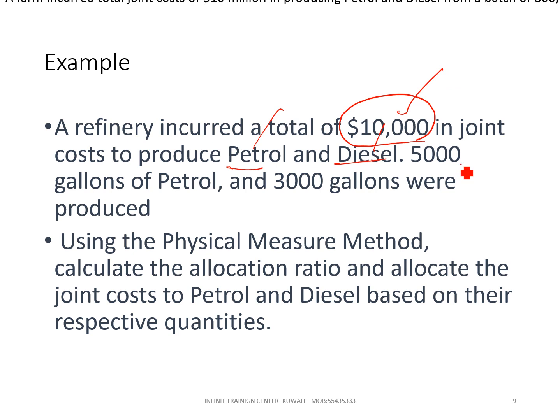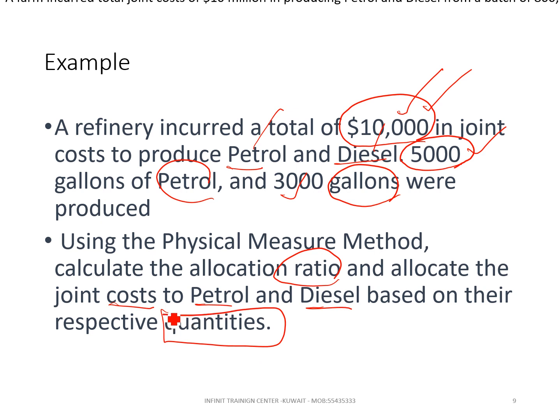The number of gallons of petrol is 5,000 and gallons of diesel is 3,000, and for this they spend $10,000. These are just hypothetical numbers. I made it easy for you to understand. It has nothing to do with the market value. Using the physical measure method, calculate the allocation ratio and allocate the joint cost to petrol and diesel based on their respective quantity.